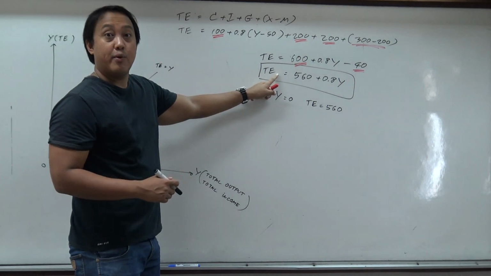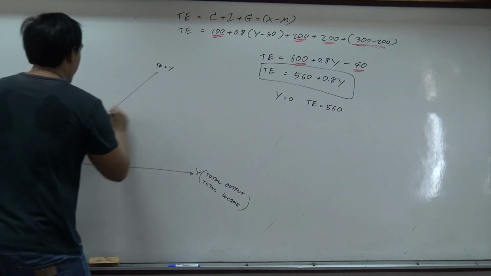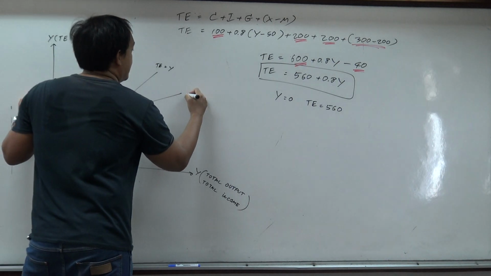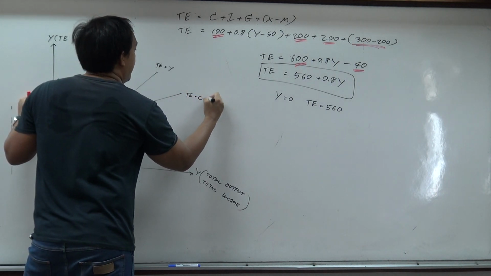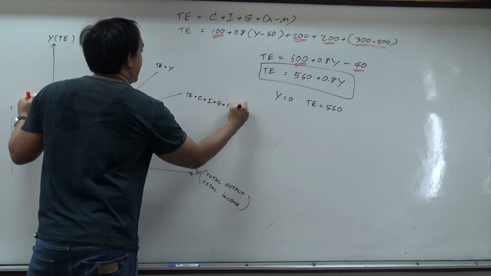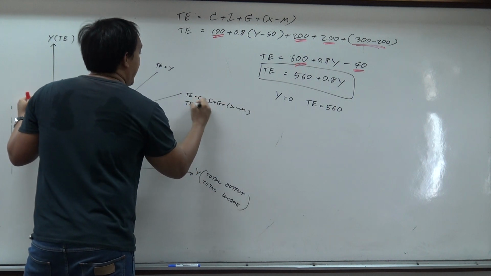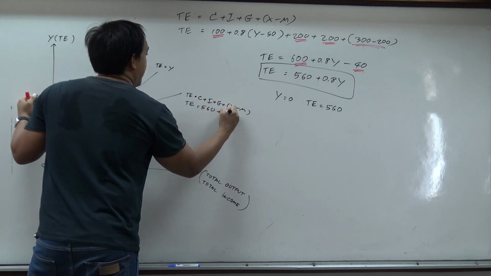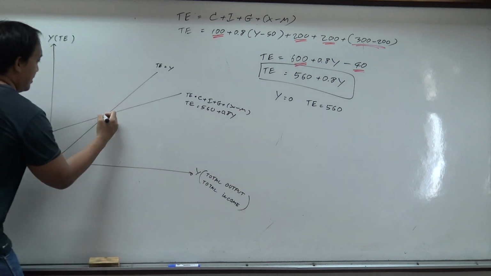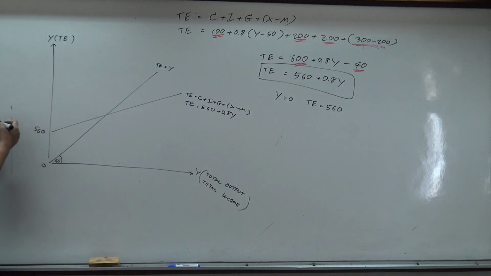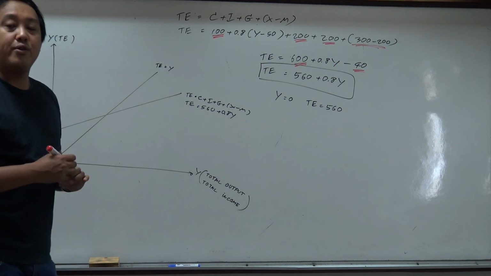Okay, this equation I can draw like this. This is TE equal to C plus I plus G plus X minus M, or TE equal to 560 plus 0.8y. I know that it's starting from here, 560.